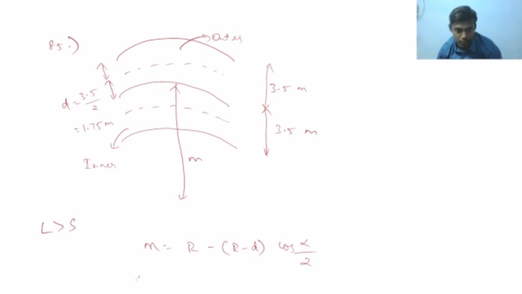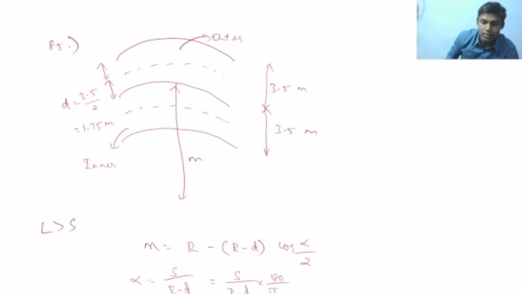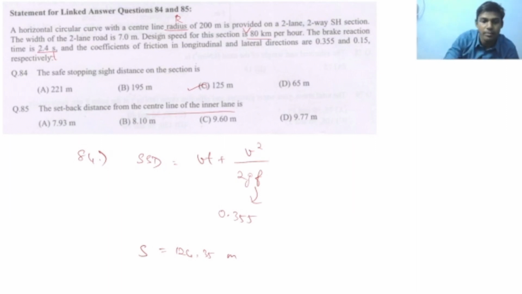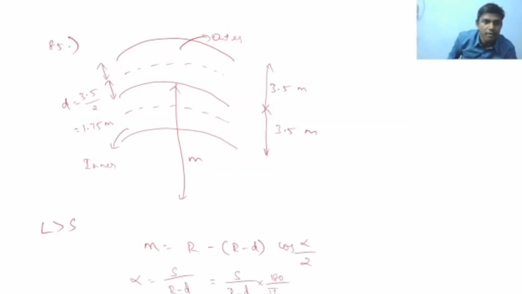Alpha is equal to S by R minus D, it is in radians. So convert it into degree: S by R minus D into 180 degree by pi. So we have converted into degree. So here R is given in question, that is radius 200 meter, and D we have found out as 1.75 meter.